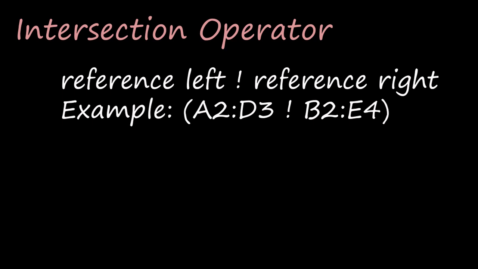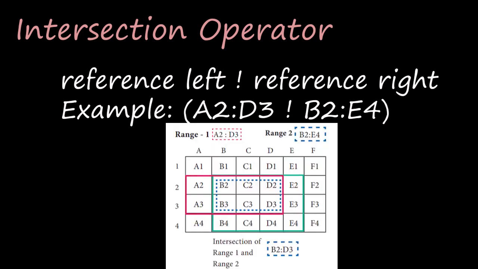Okay, so this will be selected. That intersection happens here in B2 colon D3. The result of A2 colon D3 exclamation B2 colon E4 is referred to by the range B2 colon D3, because these cells are in both sides. That means inside A2 colon D3 and B2 colon E4.